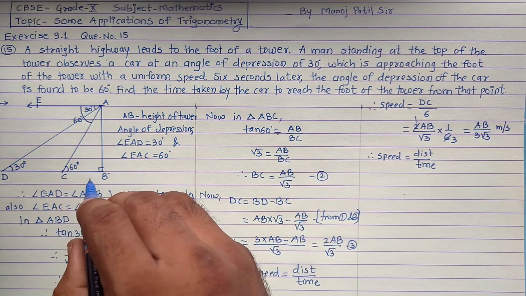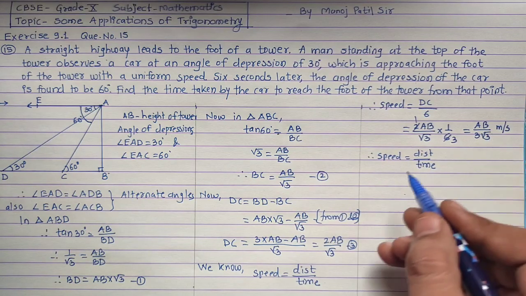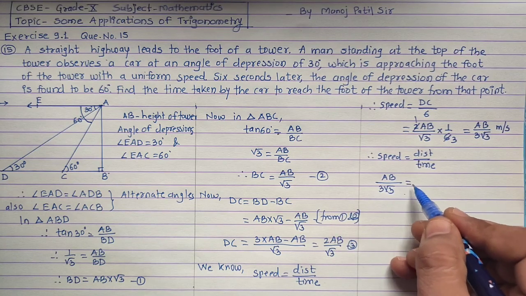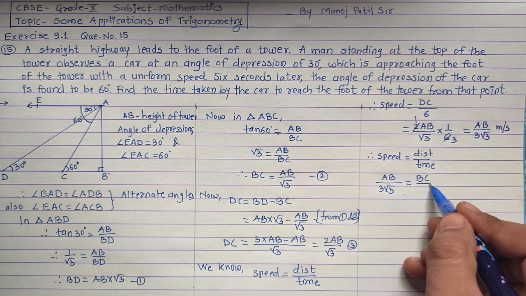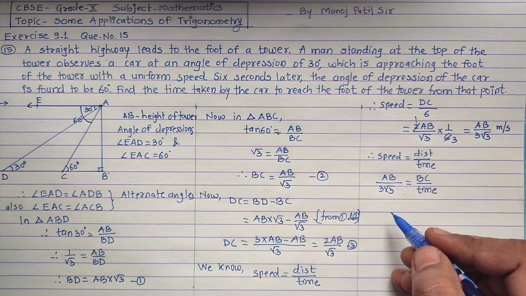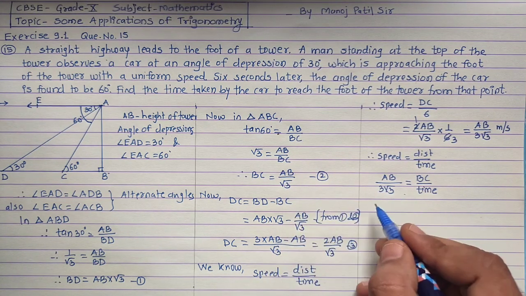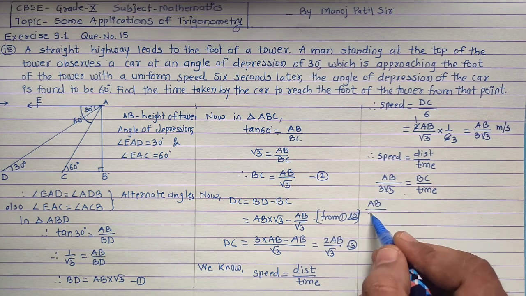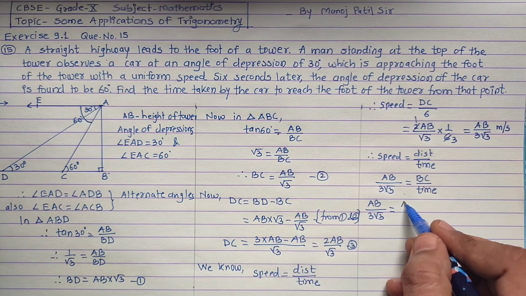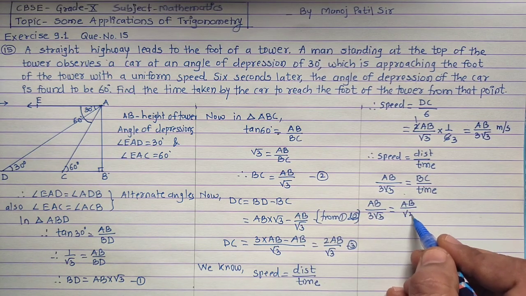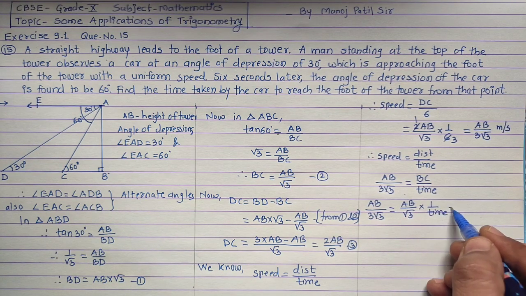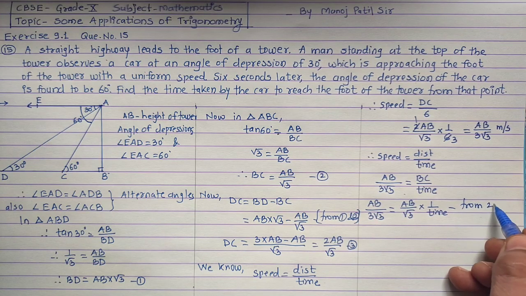So speed is AB upon 3 root 3, the distance is BC, and the time we want to find. BC we already found in equation number 2: BC is AB upon root 3, divided by time, so multiply by 1 upon time.